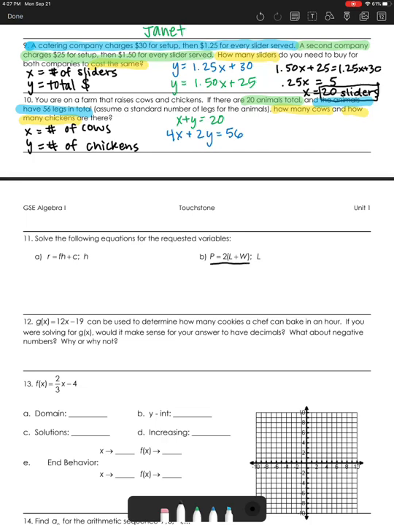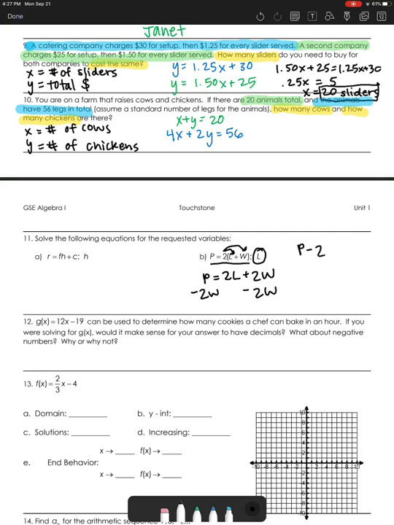Okay, so we have this equation and it wants us to solve for L. When it wants us to solve for a certain variable, that means we need to isolate that variable. So first, let's work with this 2. We need to distribute this 2 to everything inside the parentheses. So we have P equals 2L plus 2W. We need to get L by itself, so we need to subtract 2W from both sides.